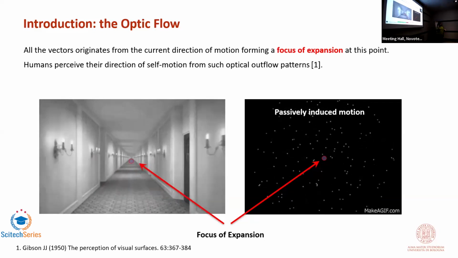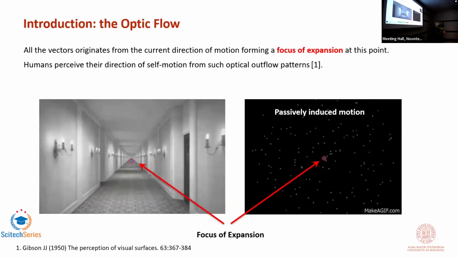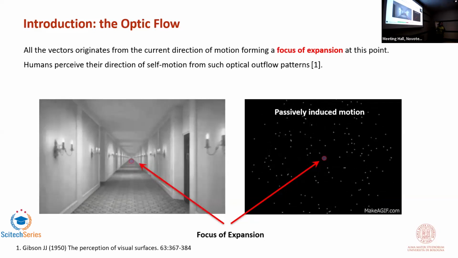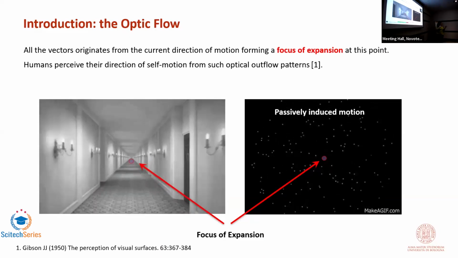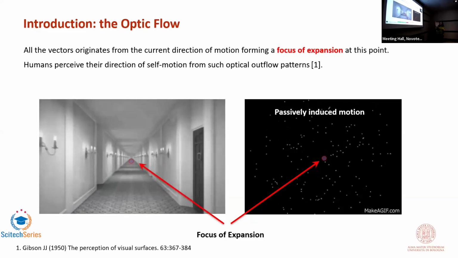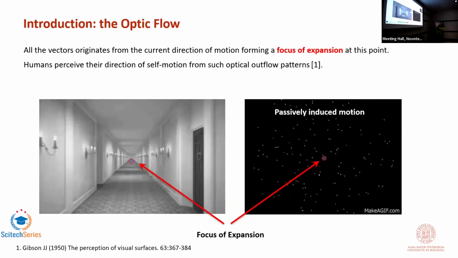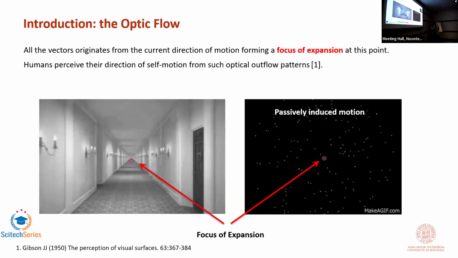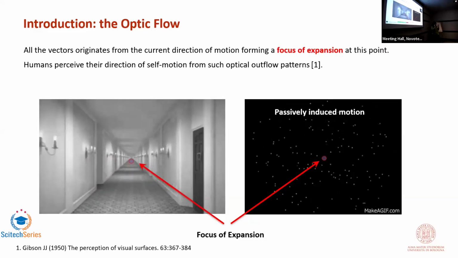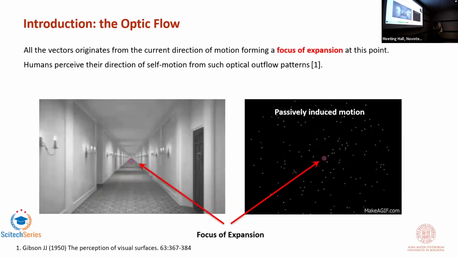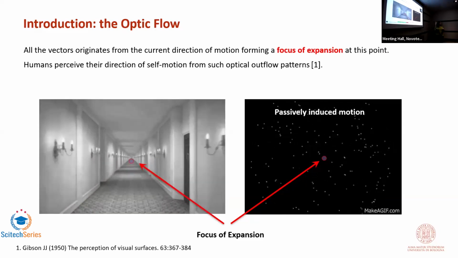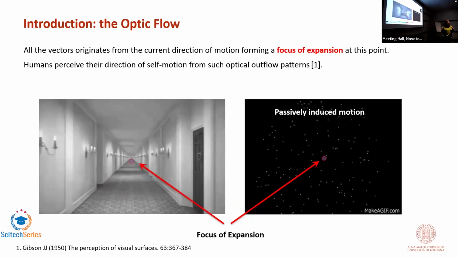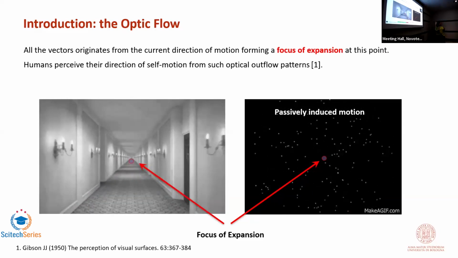If we go left or right, you don't have this situation, you have an acceleration on the left side or right side. This is particularly important because in our daily life, we very rarely focus our attention and our gaze on the focus of expansion, because usually we walk looking somewhere else, not at our final destination.